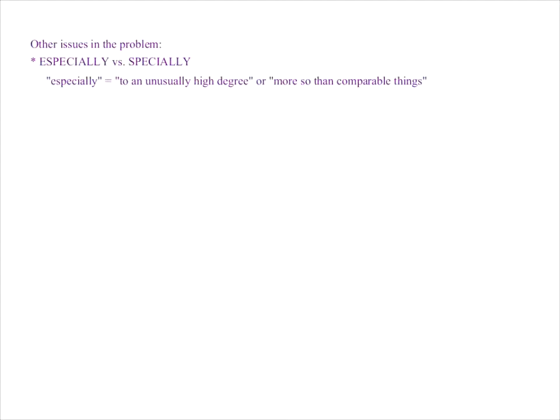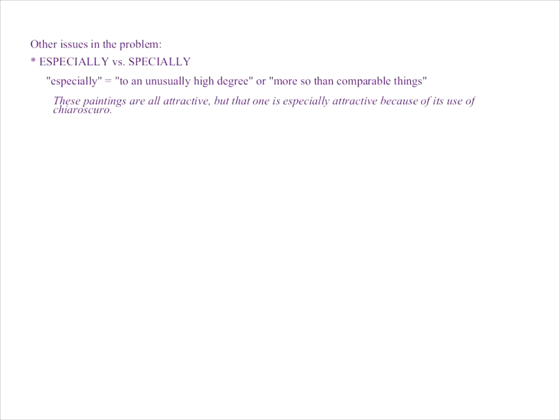So if I say something like, these paintings are all attractive, but that one is especially attractive because of its use of contrast or chiaroscuro or some of these art terms.